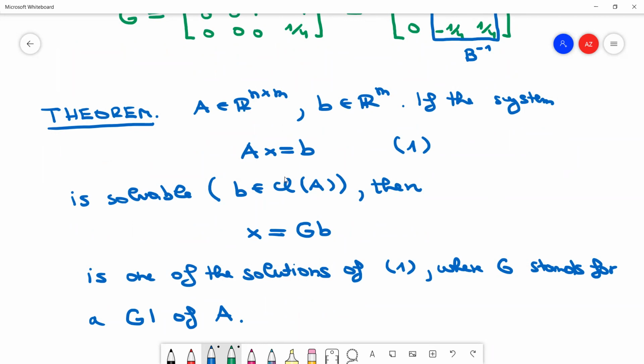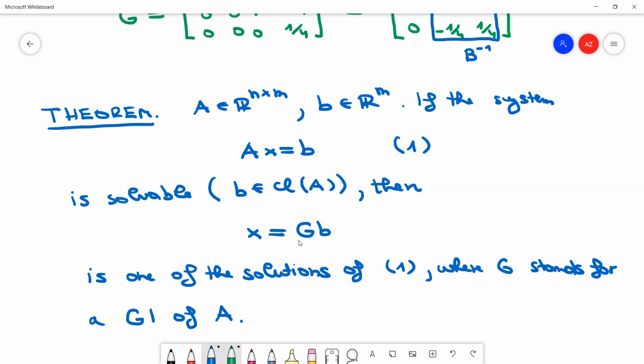So this is the same as is the case in the square case. When we have a square invertible matrix, then the solution of this system is just the inverse of A times b. And in this case, we proved that the inverse of A coincides with a generalized inverse G. When A is not a square matrix or when A is not invertible, then this has to be adapted a little bit.